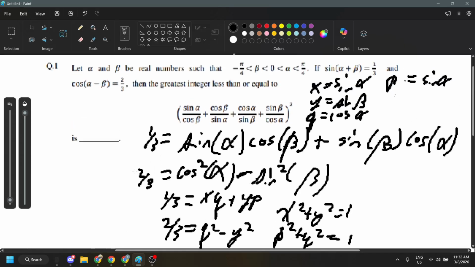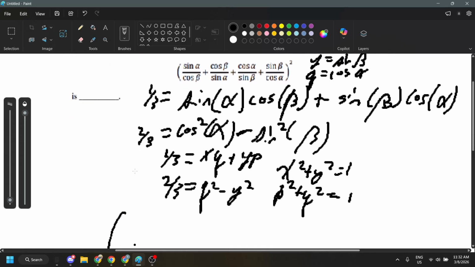Okay, so we have sine of alpha over cosine beta.